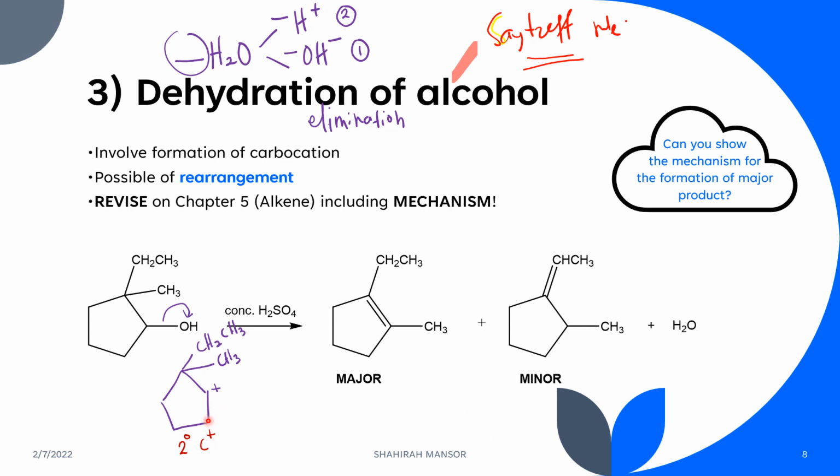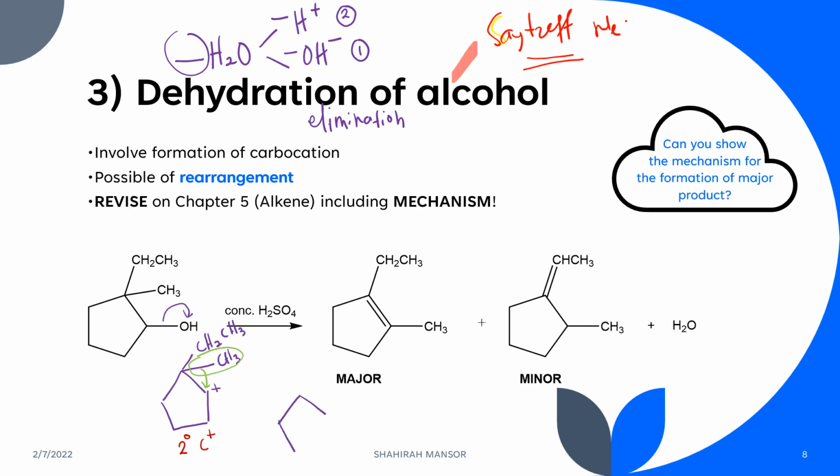This is secondary carbon, sama level. This is quaternary carbon. Okay, ada level kelas carbon yang lebih tinggi daripada class of the C+, maka wajiblah kita consider rearrangement. So in this case kita akan ubah ataupun shift kedudukan of methyl group. Okay, so we will do 1,2 methyl shift.